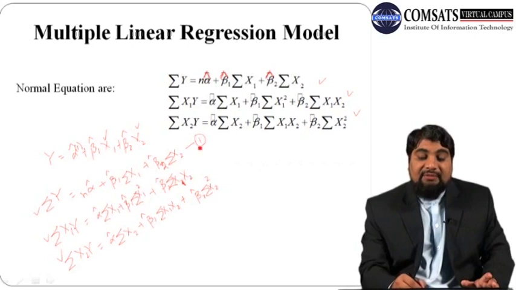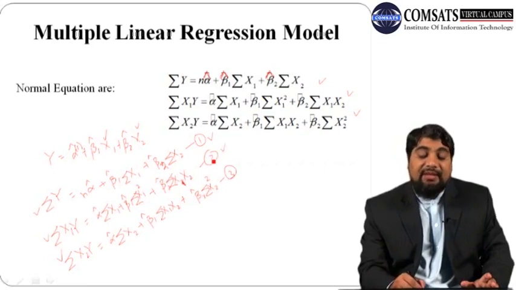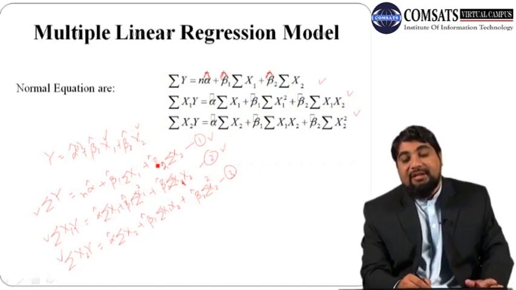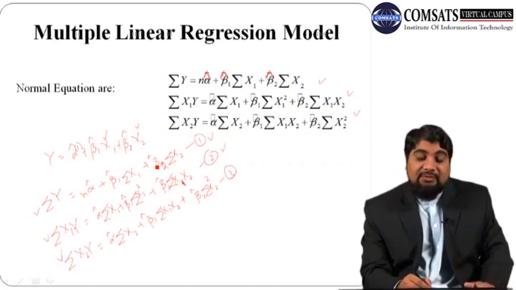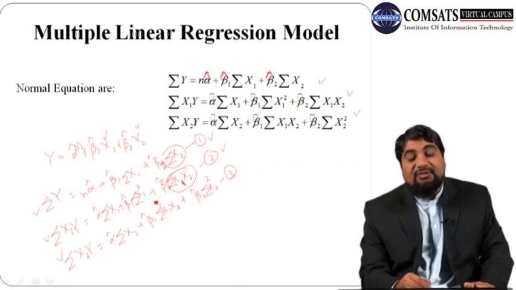So just label them equation 1, 2 and 3, and just focus on 1 and 2 and try to cancel any of these 3 parameters: alpha hat, beta 1 hat or beta 2 hat. Suppose we want to cancel beta 2 hat. Here the coefficient of beta 2 is summation x2, and here we have summation x1 x2.